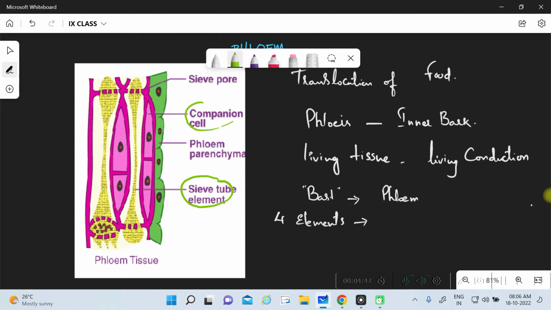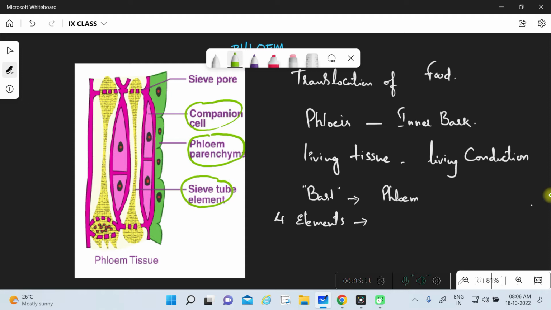Companion cells is another element. Phloem parenchyma is another element. Along with the phloem parenchyma, generally you will also see the presence of fibers, which are not shown here, but they are also present.